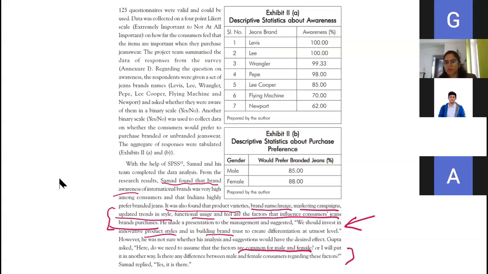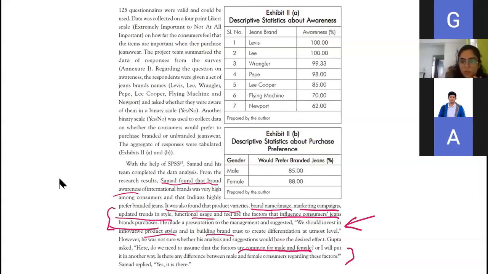Whether these factors are common for male and female. Can you tell me what that means?